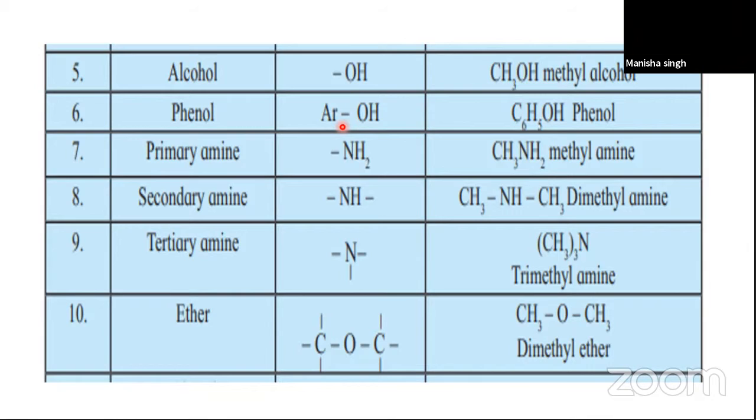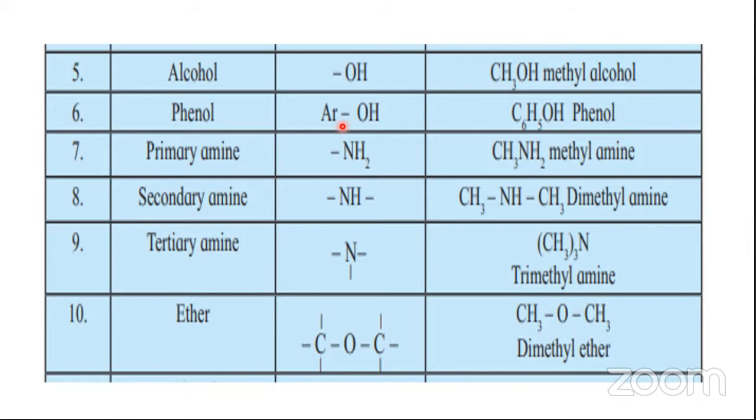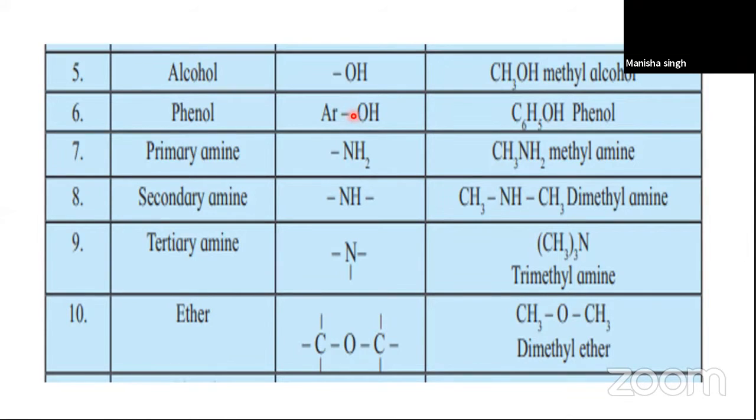But in phenol, the OH group is directly attached to the benzene ring. In the case of alcohol, suppose it is an aromatic alcohol, then the OH group is indirectly attached to the benzene ring. So the example is phenol. Benzene ring को हम ऐसे भी represent करते हैं C6H5.